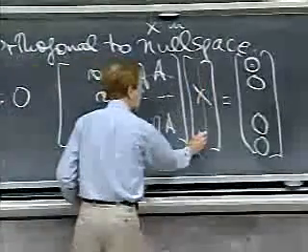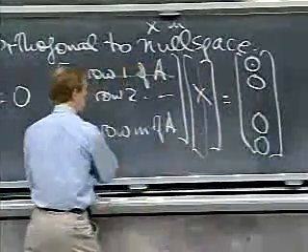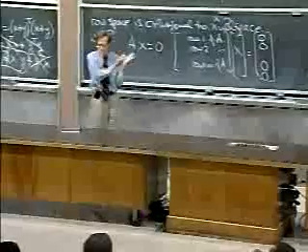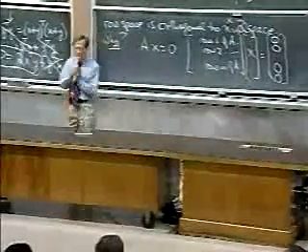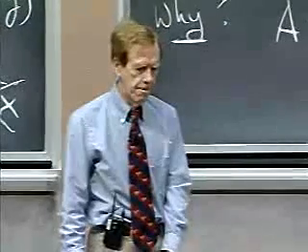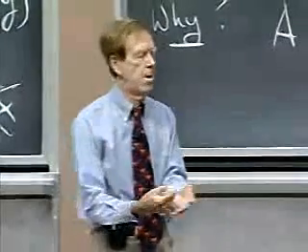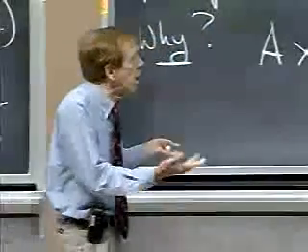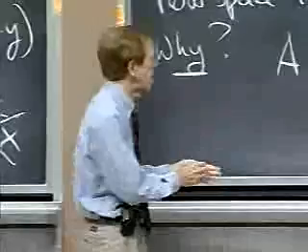Row 2 of A times X is giving that 0. Row M of A times X is giving that 0. So the equation is telling me that X is orthogonal to all the rows. Right? It's just sitting there. That's all it had to be, because we didn't know anything more about the null space than this.